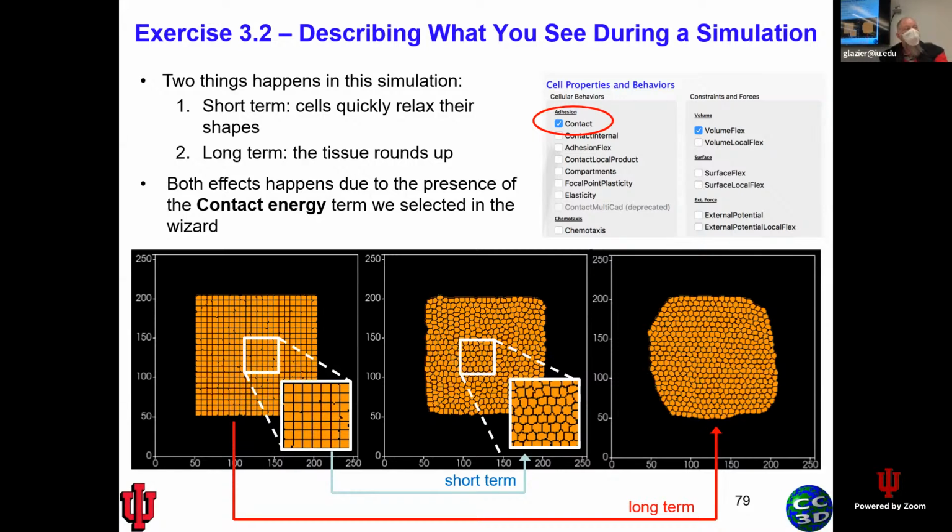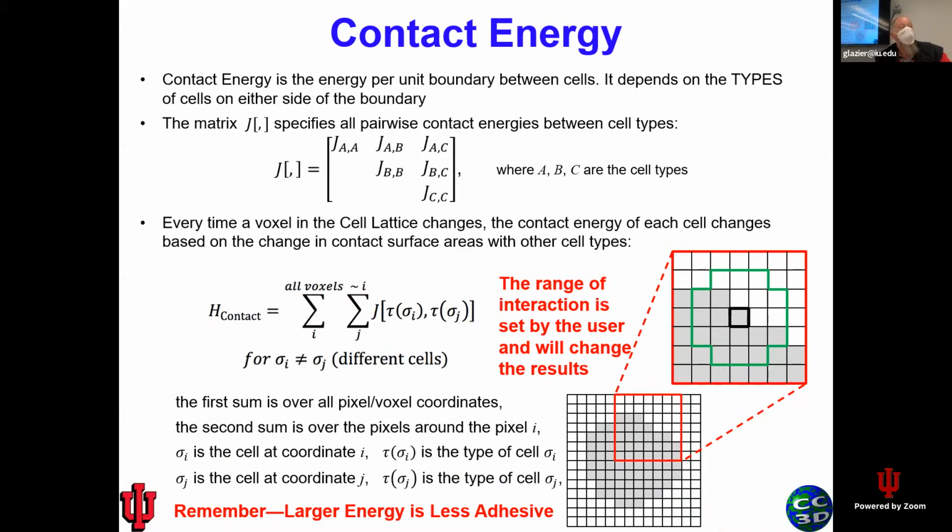And in this case, both of these happen because of the contact energy, which is an energy function that we've mentioned before but haven't really discussed. And so I'd like to talk about contact energy. Contact energy in some ways is very simple. In some ways, it's a little more complicated than the constraints we've dealt with so far.